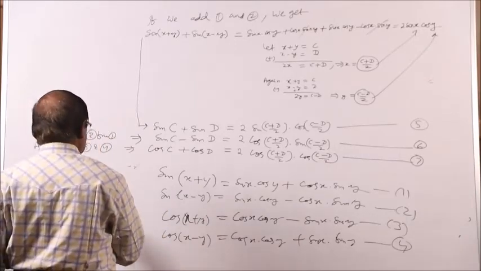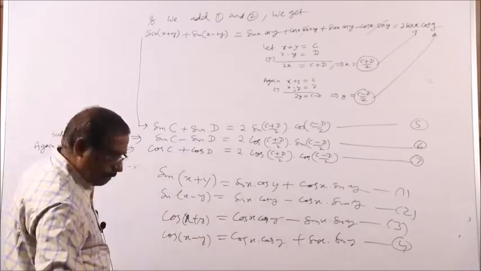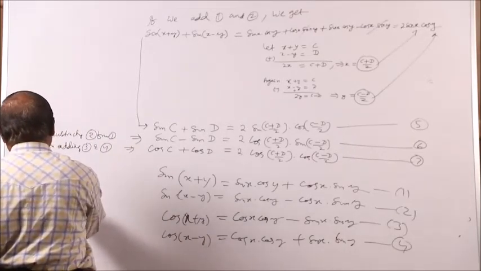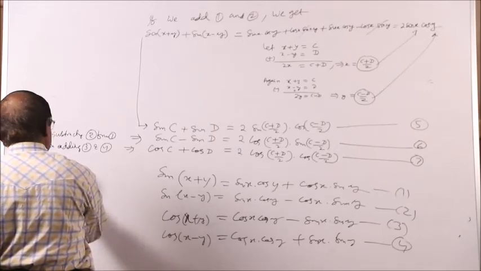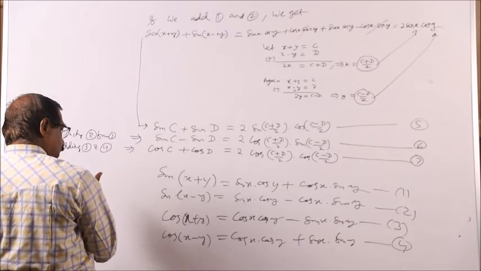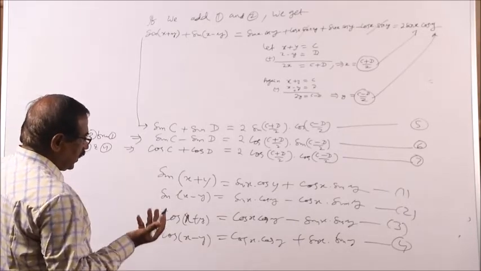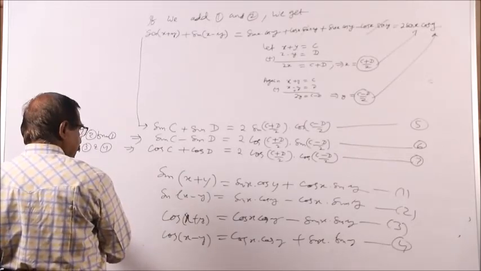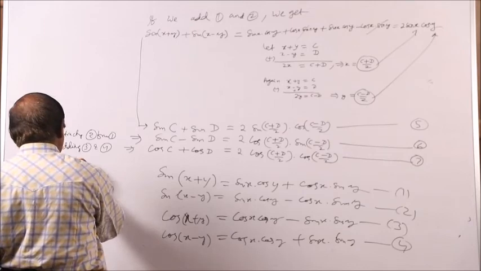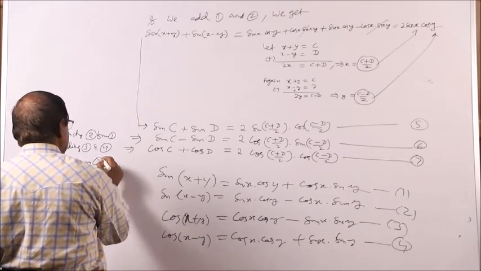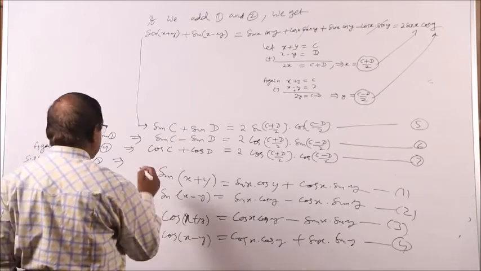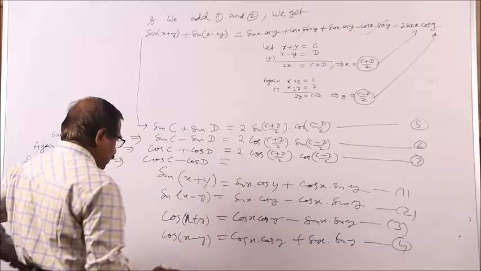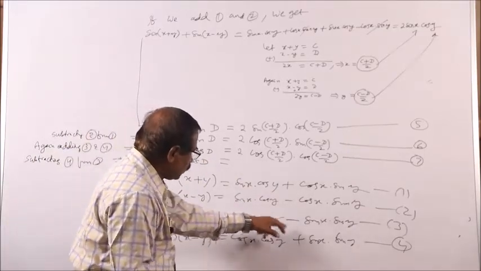And if we subtract, you can subtract 3 from 4 or 4 from 3. You see the difference. Subtracting 4 from 3, that implies this minus this, that is cos c minus cos d. You see, this minus this will go, both will be minus.